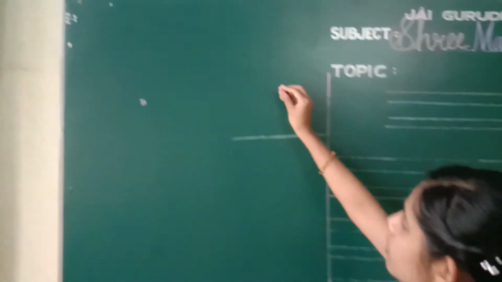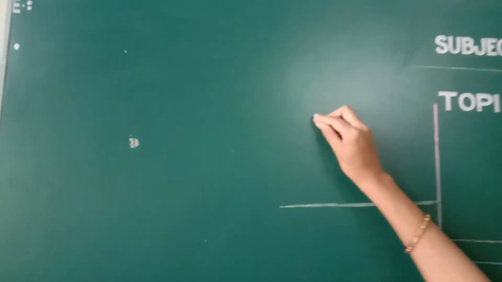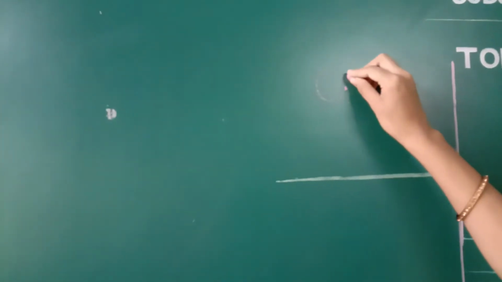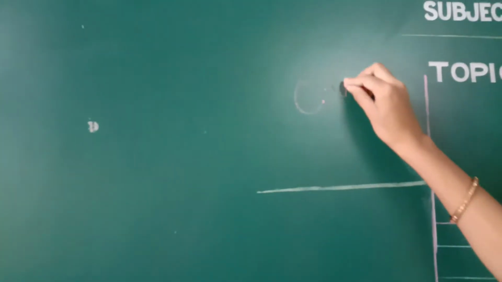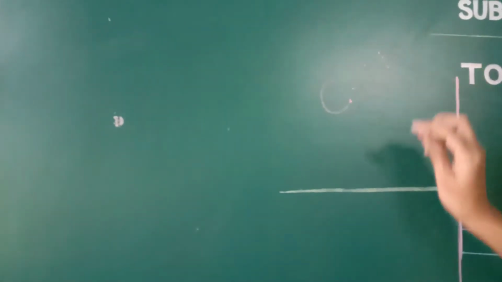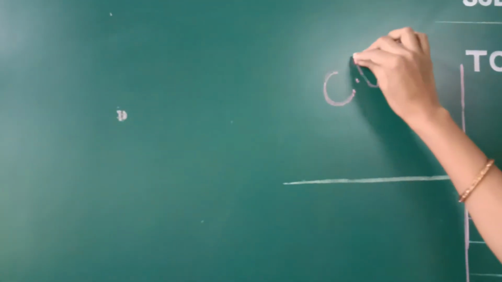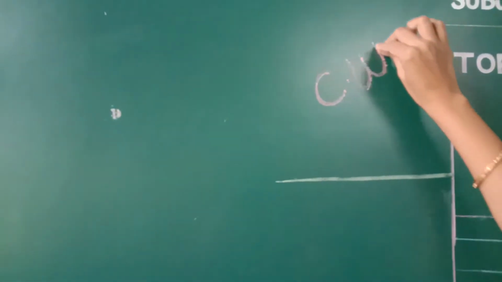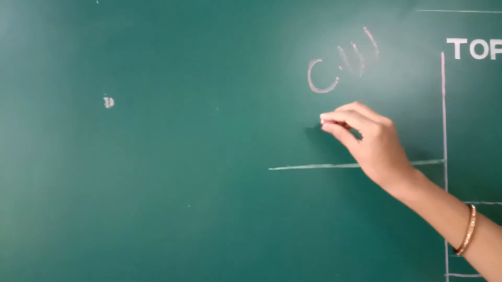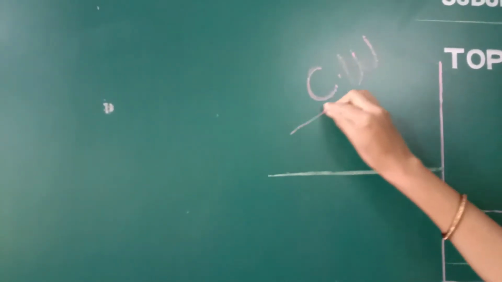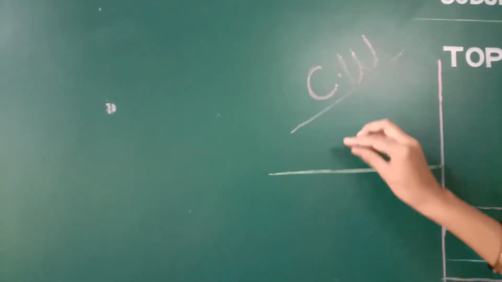Okay student. So hold your pencil. Write down in that pink color box C dot W. Once again C dot W. Okay. Now put the sleeping line.